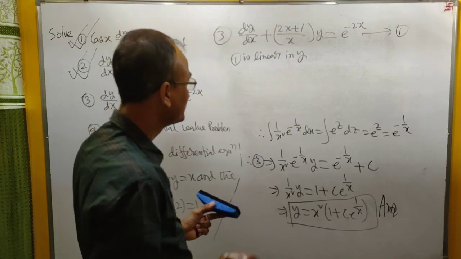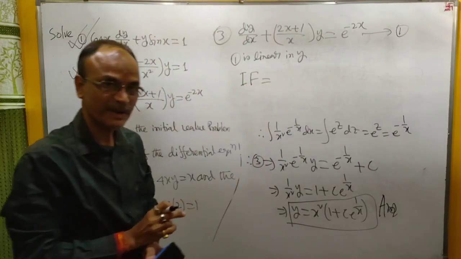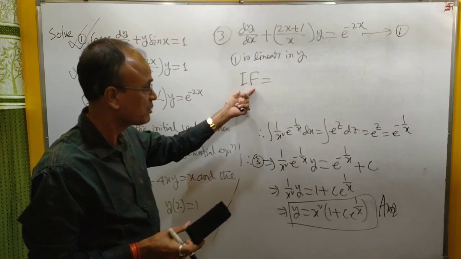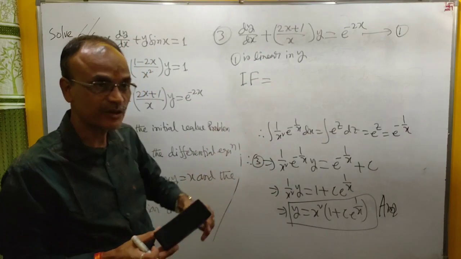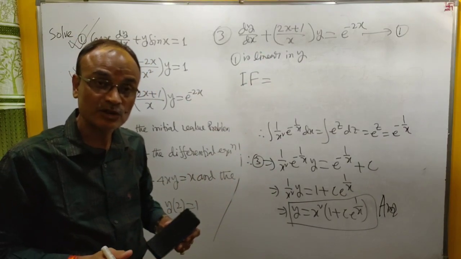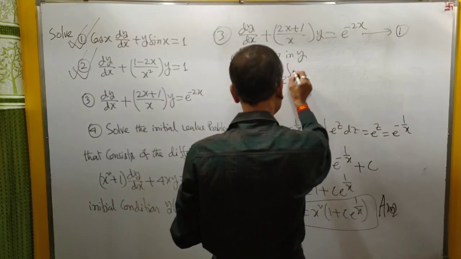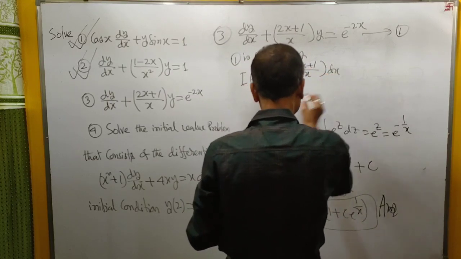Now, integrating factor. IF means integrating factor. IF always stands for integrating factor of the differential equation. What is the integrating factor? It is e to the power integral p dx. E to the power integral of (2x plus 1) divided by x dx.